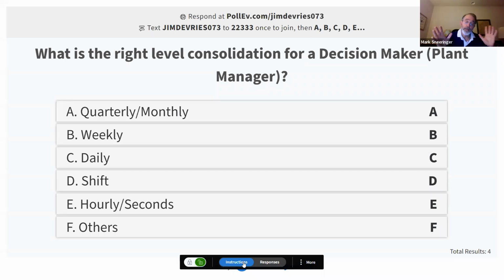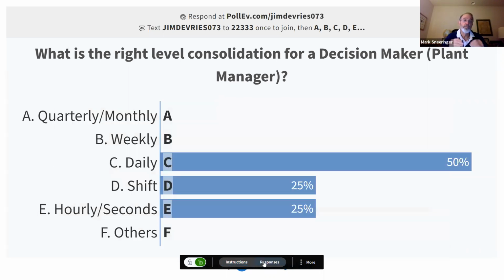So that's one of the concepts which I think would drive this sort of a decision closer to the daily or the shift as opposed to the weekly or quarterly, is the idea that a lot more people are using daily management in their operations. Yeah, I agree, it's in that daily shift area. Hourly, seconds probably is too detailed. That's the operator themselves, from my perspective. Suresh, your thoughts?